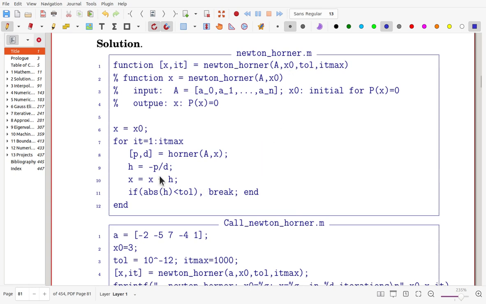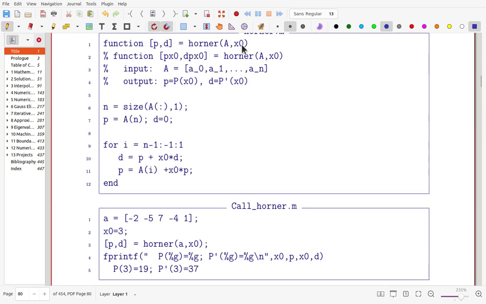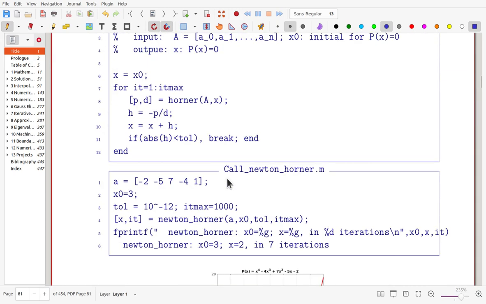Once the polynomial value and its derivative value are computed, that gives the correction term, and the correction term is added to update. This portion is Newton's method. For evaluation of the polynomial value and its derivative value, we are using Horner's algorithm implemented earlier in Horner.m.